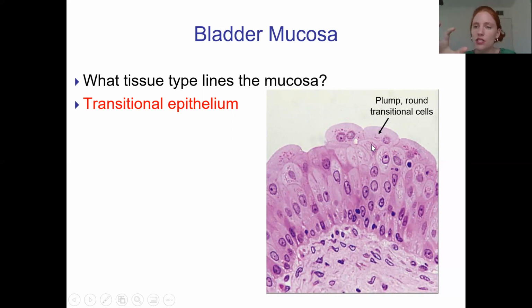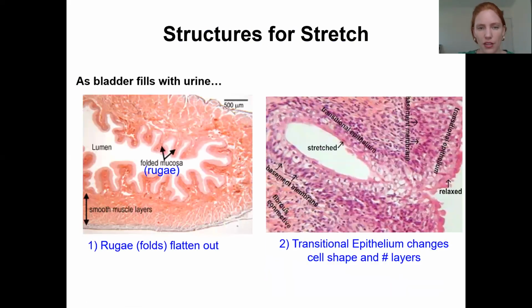As they stretch, those plump cells are going to roll past each other. So they're going to go from stratified more towards simple, and they also change their shape too. So it changes, and that's why it's called transitional epithelium. This is what it looks like when it's relaxed, when it hasn't been pulled tight.